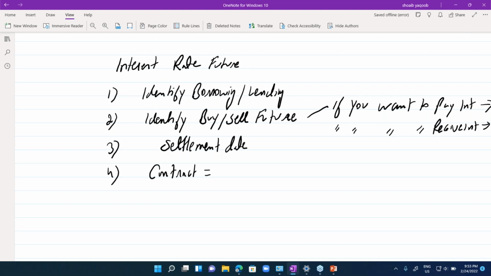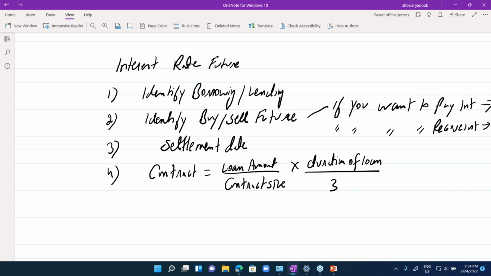Number of contracts equals loan amount divided by contract size, into duration of loan divided by 3, because 3 is the number of months of a future. Futures are usually of 3 months.